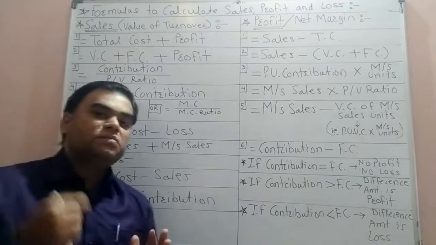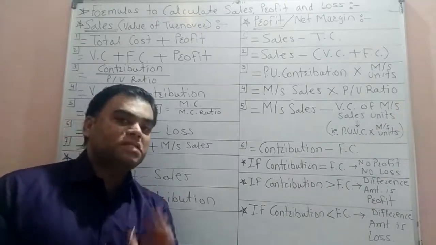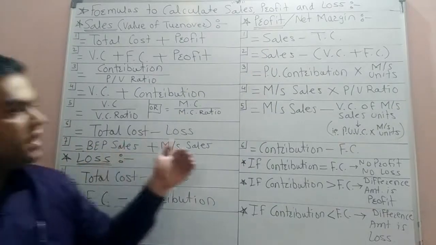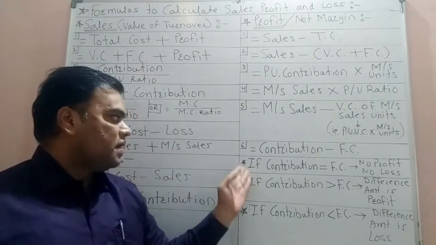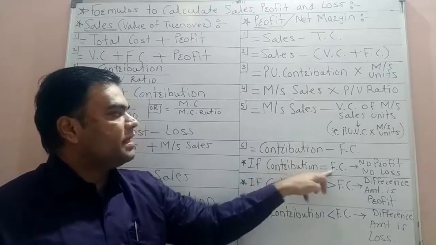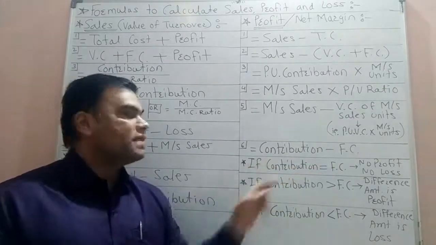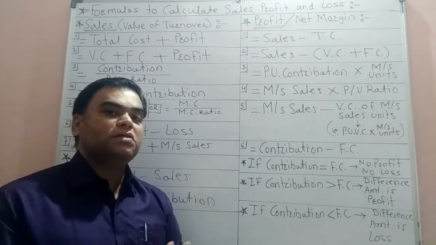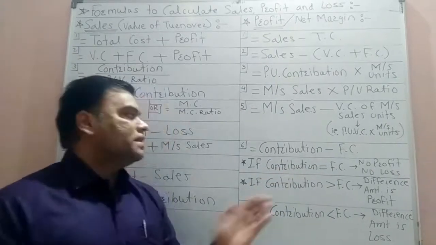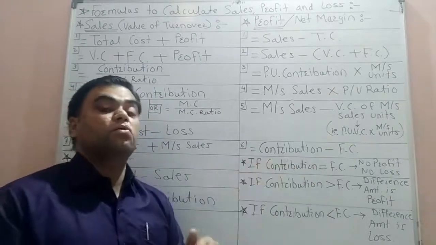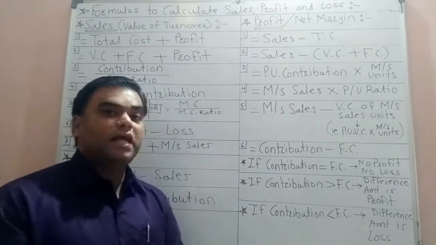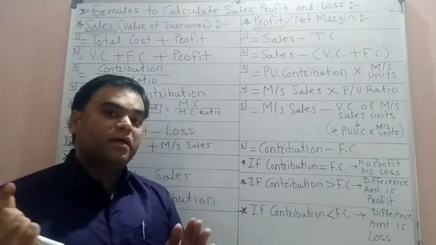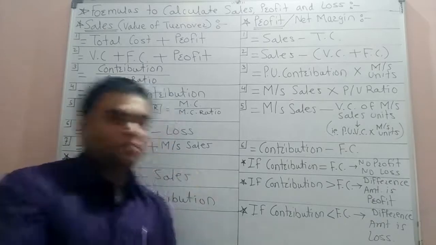Now we are just revising some items because these items are concerned with profit and loss. Which are these items? First, if contribution is exactly equal to fixed cost, then what happens? That contribution gets utilized to recover fixed cost and variable cost is already recovered. In that way our total cost gets recovered, and total sales and total cost become exactly equal. In that way our BEP stage comes.